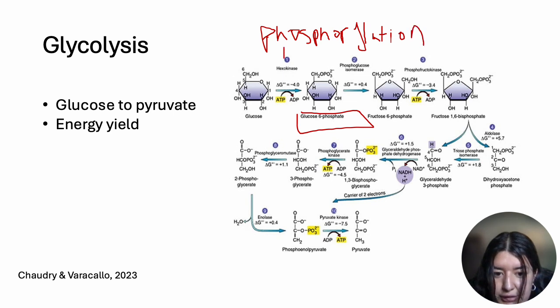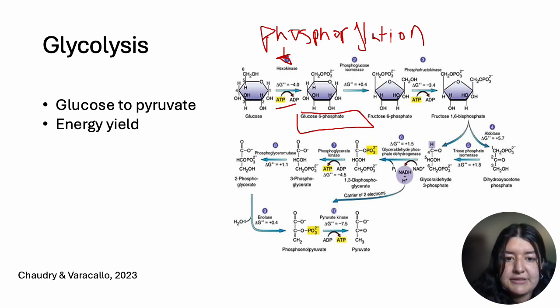Phosphorylation occurs here during step 1 to get our glucose 6-phosphate, G6P. Catalyzation of this enzyme occurs through the enzyme hexokinase and requires 1 ATP molecule.